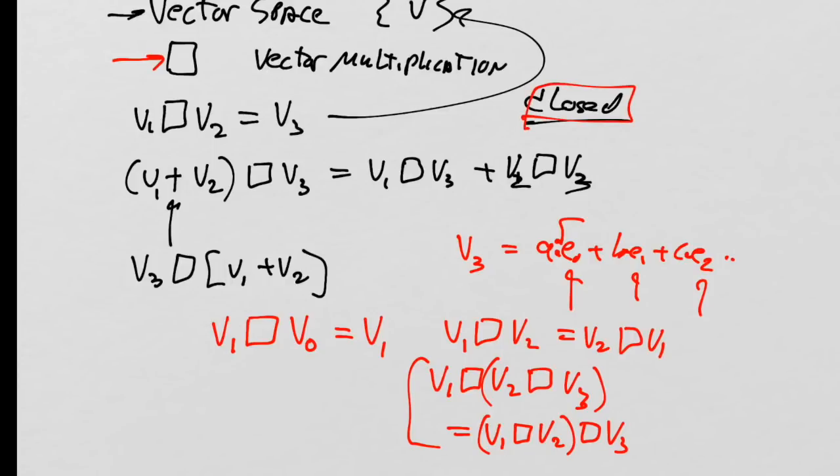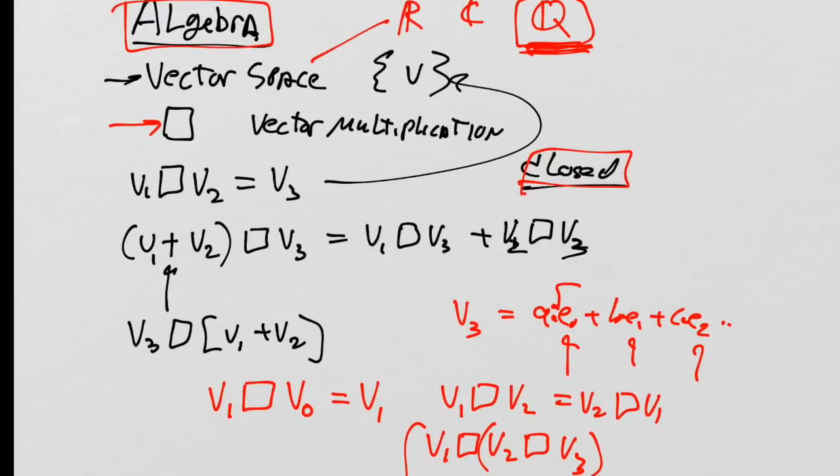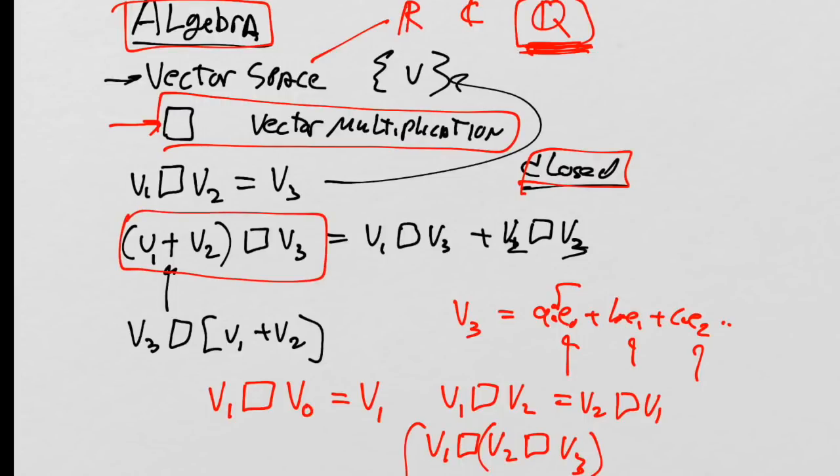So what makes an algebra? An algebra is just adding this vector multiplication and having it be closed and bilinear over the addition, right? That's all the requirements there are for an algebra. But for a field, we do have to have an identity, right?